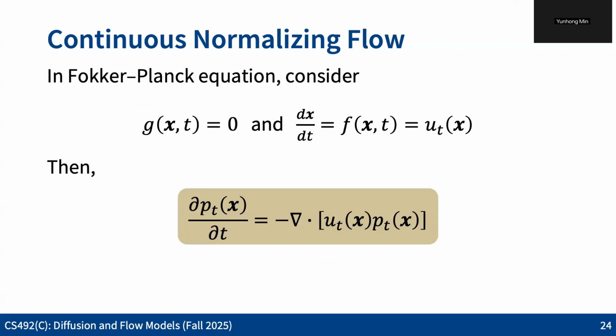So it's a very simplified version, right? When there's no stochasticity, the f function becomes the vector field, and then we can see a very simple connection between the probability path, which is the probability distribution for the data point at time step t, and the vector field here.